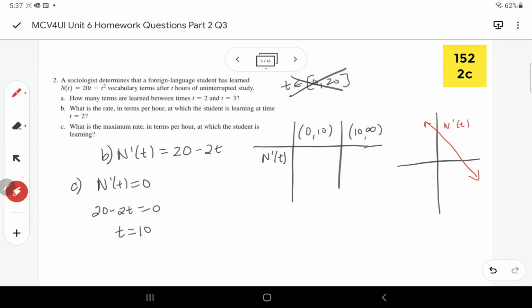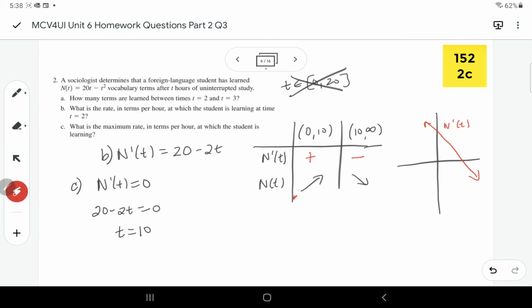We can also look at that in terms of the equation, just sort of by substituting in a number between 0 and 10. If you put in 5 for t, you're going to get a positive value there. And if you put in a number bigger than 10, like if you put in 20 in there, 20 minus 2 times 20, that will be negative. So then it goes to negative. So what that tells us about the function is that it's increasing. It's got a positive slope before 10 and a negative slope after 10.